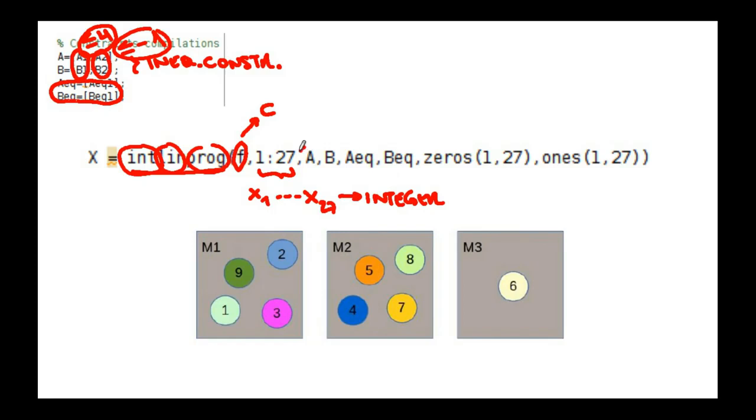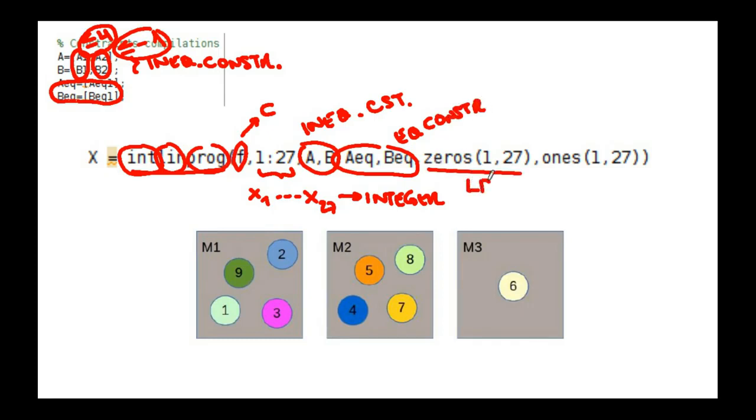This A and B, as you can see here, are the inequality constraints. These are the equality constraints. And finally, here we have the lower and upper bounds.